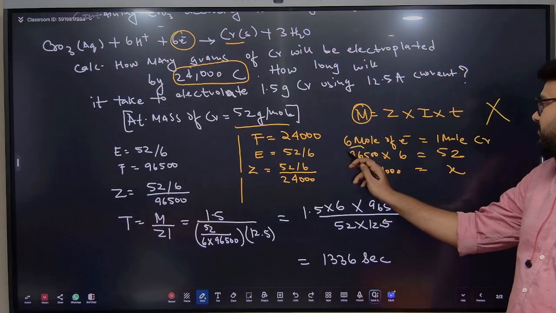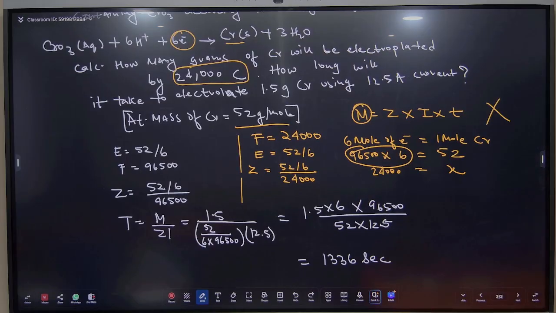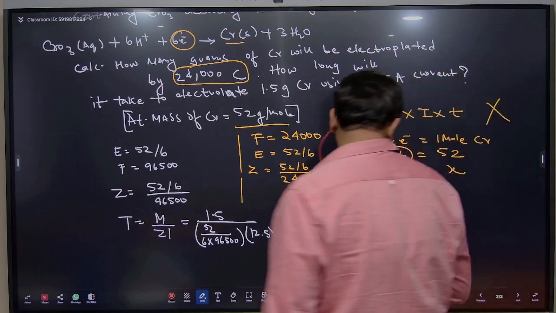So first, please solve this. How much is 96,500 into 6? Did you all understand how to solve the second part? Yes, sir. So first of all, 96,500 into 6 is how much? 5,79,000.